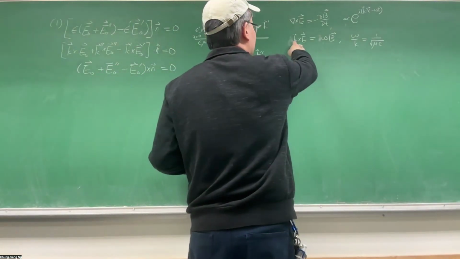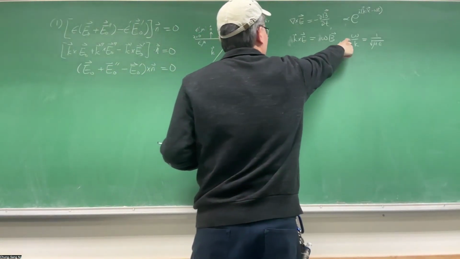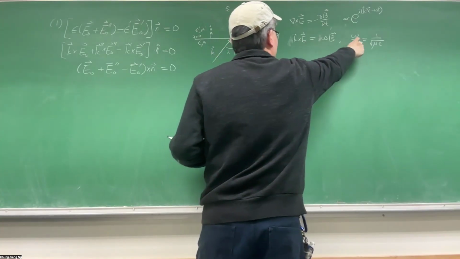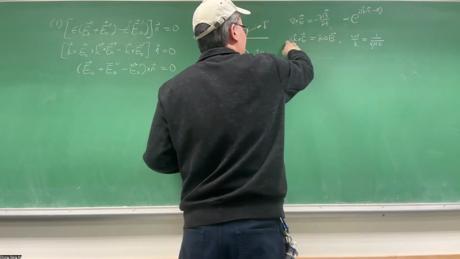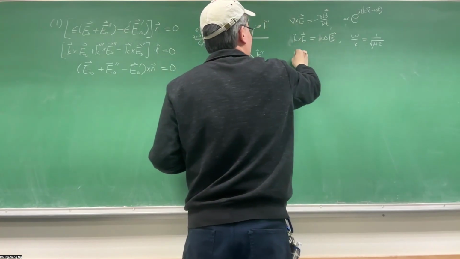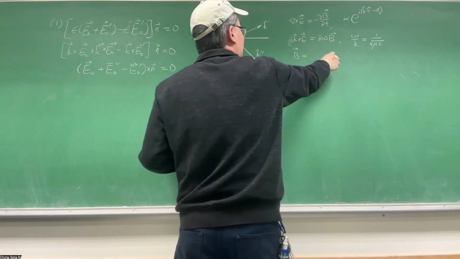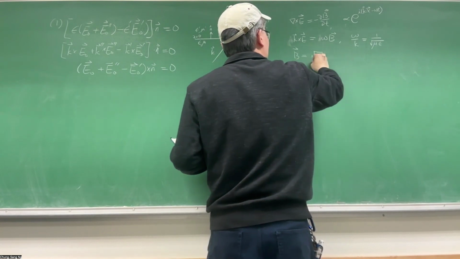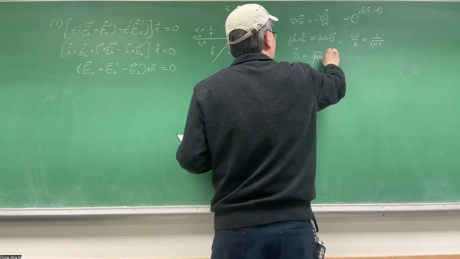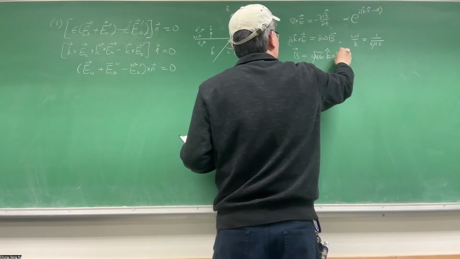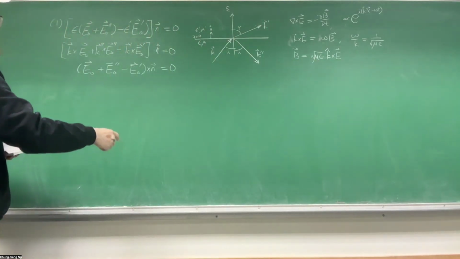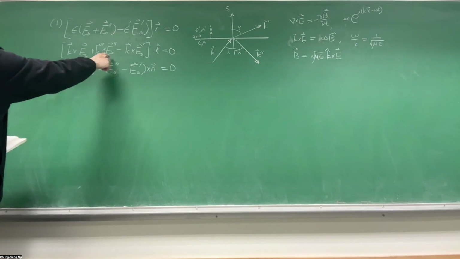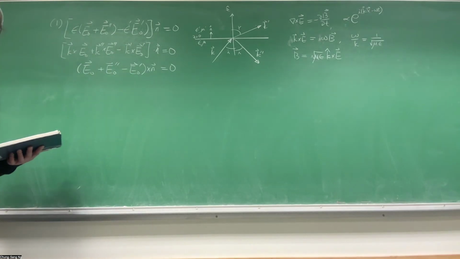So instead of writing k cross E divided by omega, you can see B is that k unit vector. You can do that, but in our case, we want to keep the wave vector, explicitly keep the k vector.